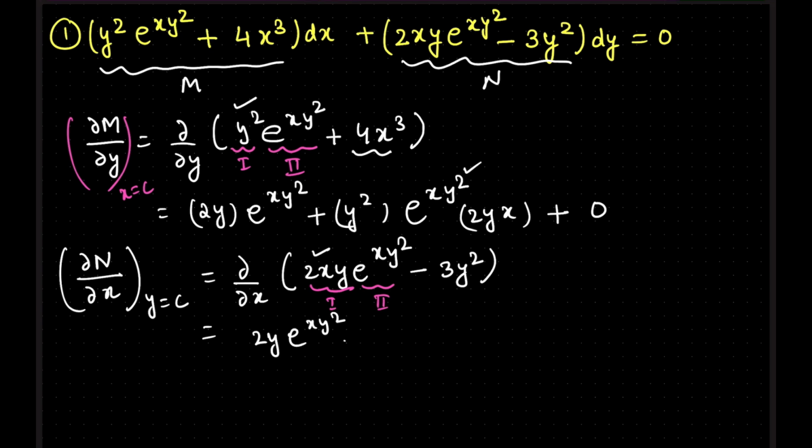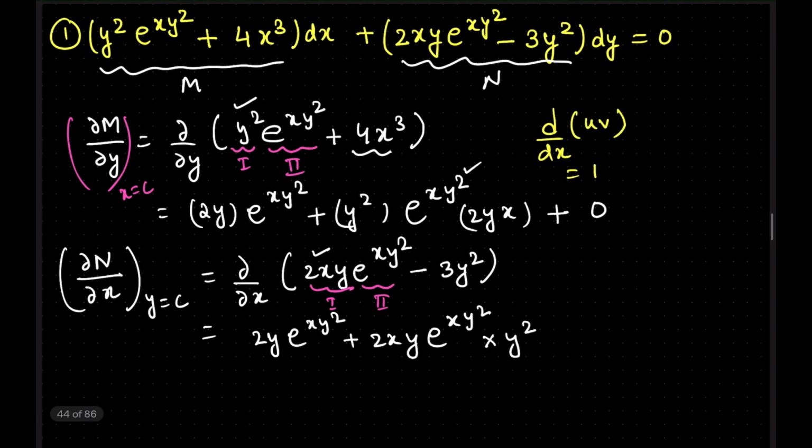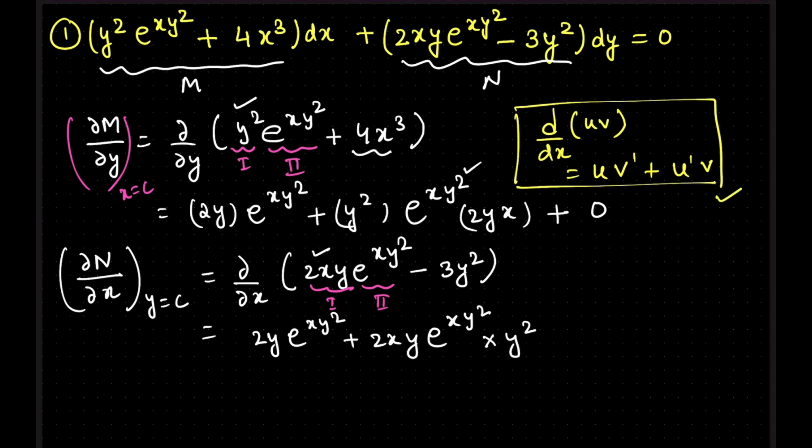Then the second term you will differentiate and the first term will remain constant, e to the power x y square, but y square will also come. We know the product rule: if you are differentiating u and v, first you leave u as it is and differentiate the other one, and second you differentiate u and keep the other one constant. It is a very common differentiation, so that's why I was not expanding too much on this.